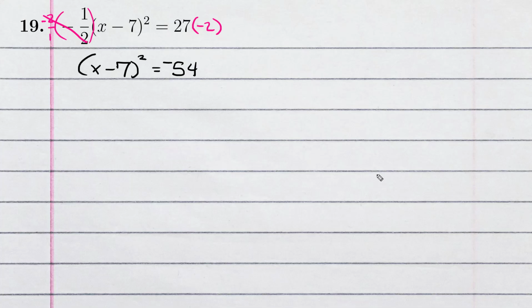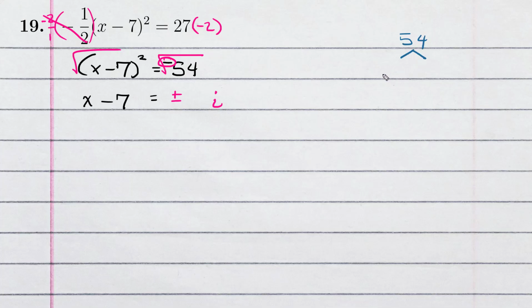So I take the square root of both sides. Any time I take a square root, that automatically gives me a plus or minus. The number I'm taking the square root of is negative, so it's an i. I have on my left-hand side x - 7. The number I am trying to simplify under the square root is 54.